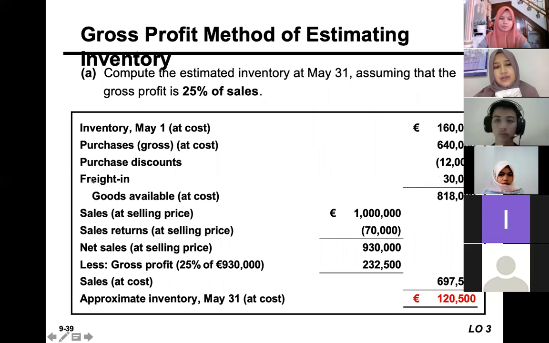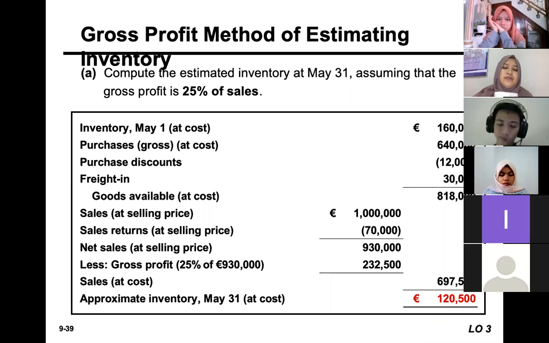Freight in is transportation cost to bring in the inventory, okay? So that will give you a total of goods available for sale. And then we know the sales, which is at selling price. We minus the sales return, then we get the net sales, okay?